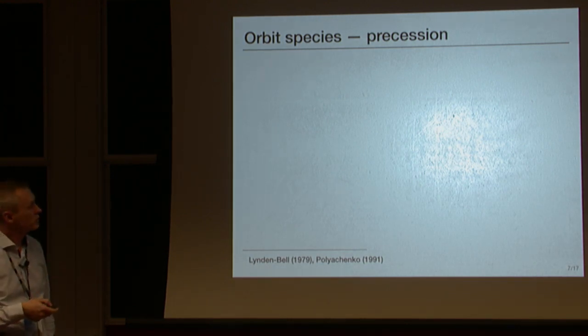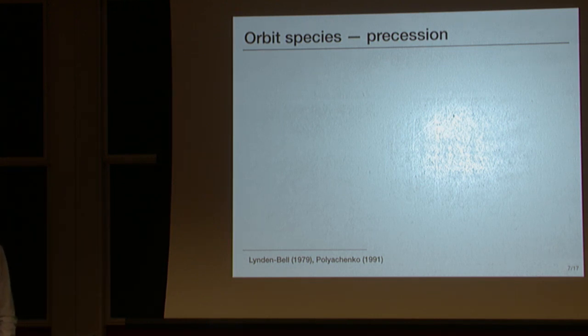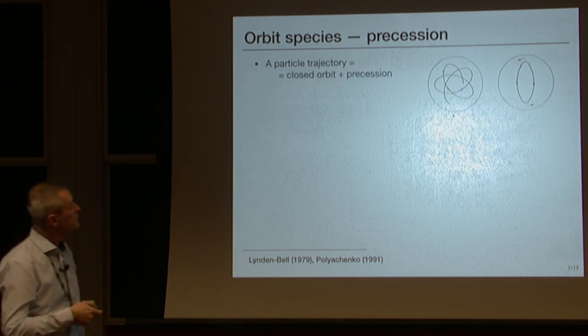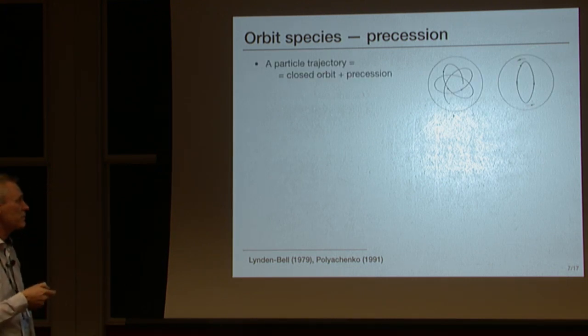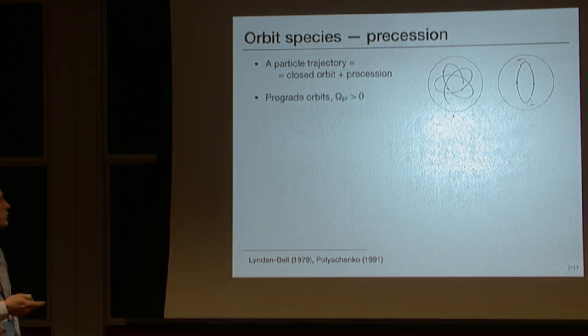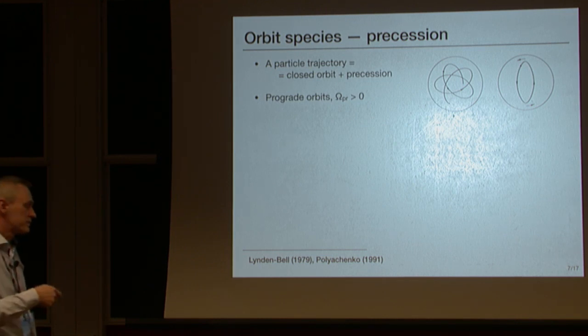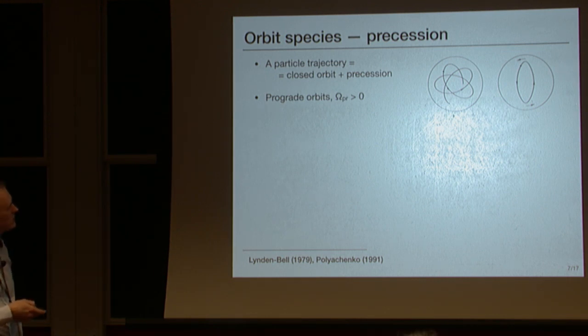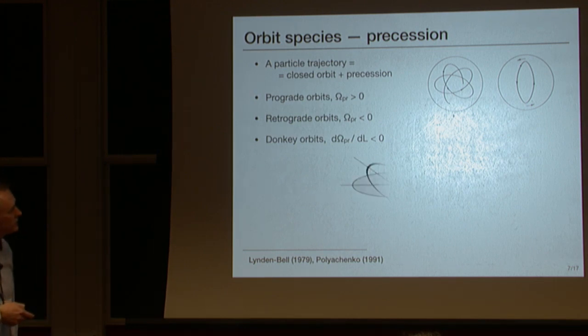So in the orbital paradigm, you have to average the motion of a particle over the orbit. So you come up with a precessing orbit, and depending on the potential, these orbits can be prograde, so they precess in the same direction as the particle rotates, retrograde, or they can be donkey, as Donald Lynden-Bell calls them, meaning that they slow down when they pull it forward towards a perturbation.